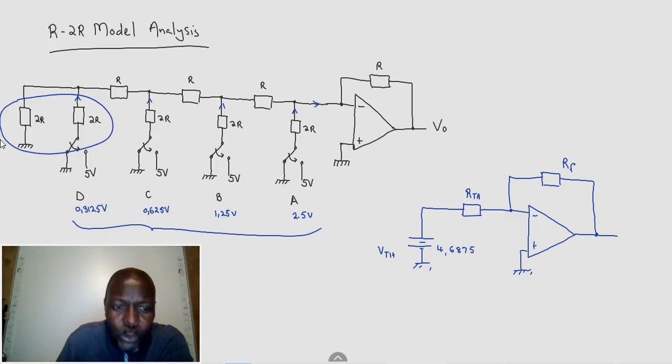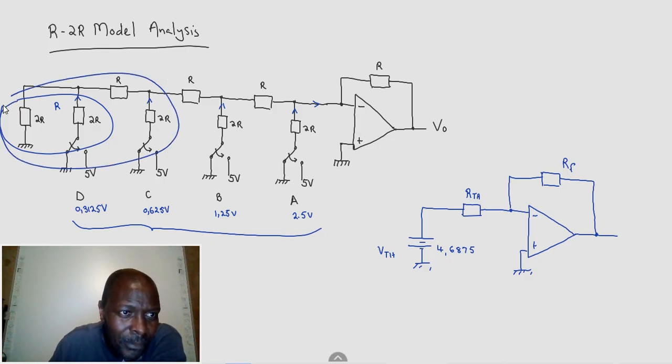This is how you do R-Thevenin, by shorting out the sources. So that is going to be R. But this R and that R is going to give us 2R. These two R parallel to this 2R is going to give us another R. I think we see where we're going with this.